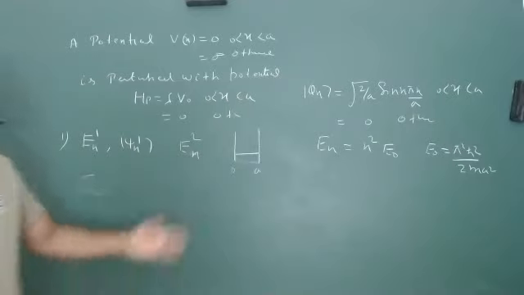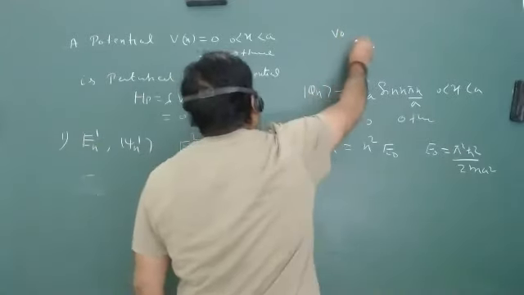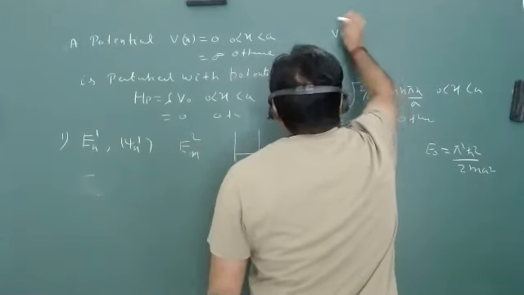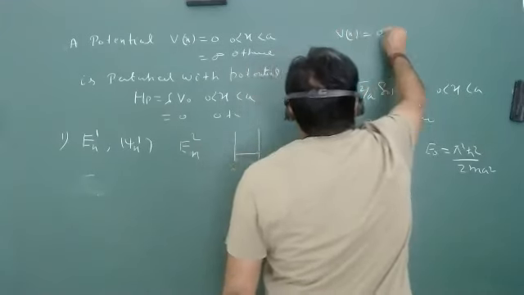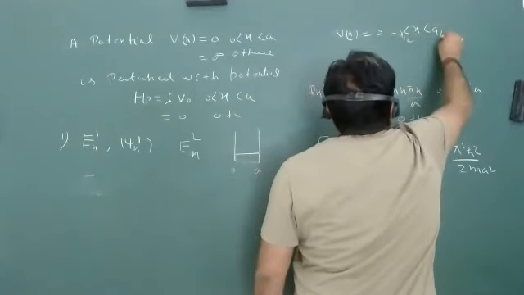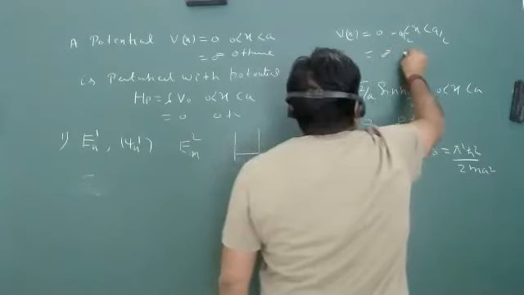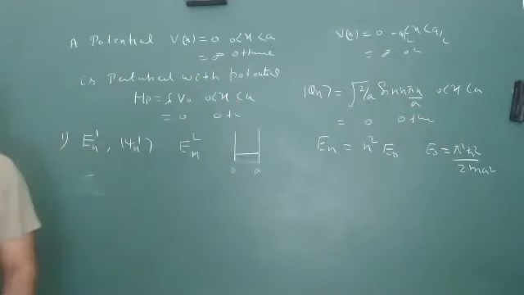And suppose it changes so that V(x) is equal to 0, where x is between minus a by 2 to plus a by 2, and infinity otherwise, then how is it going to change?